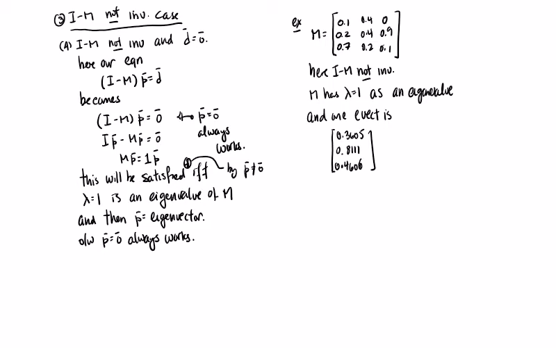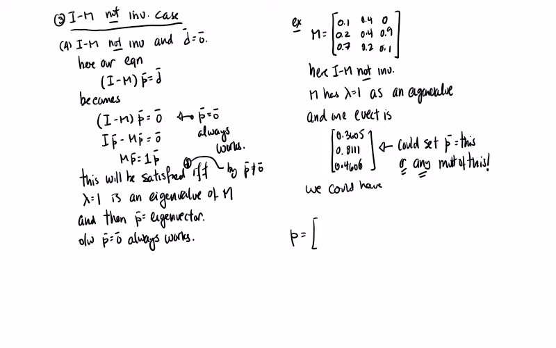So in theory, you could set production as this, or any multiple of this. So there are lots of productions that will work. So we could, for example, have P being, say, I could multiply this by 10.